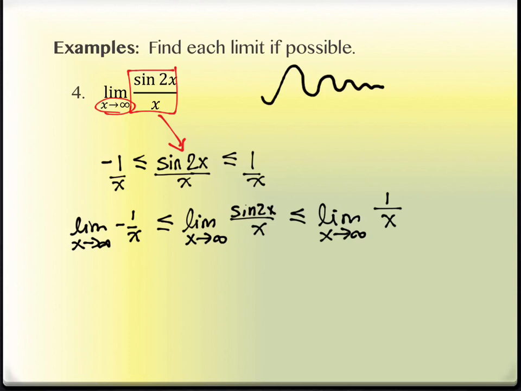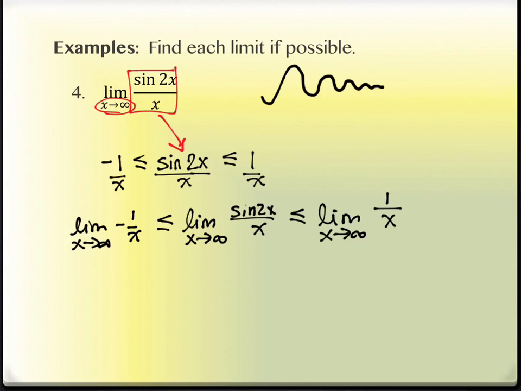As long as we do something to all 3 pieces, that's an allowable operation. We did it with the division by x, making sure that x is positive, which it was, and then we're taking the limits. But take a look at that first limit and that last limit. Those are in forms that we are able to work with, right?